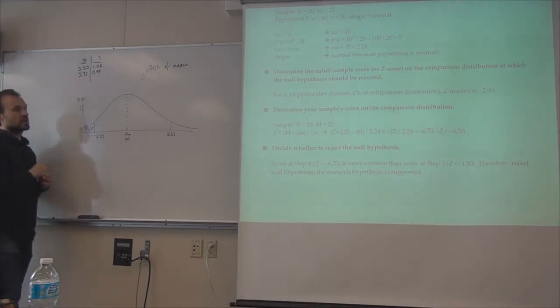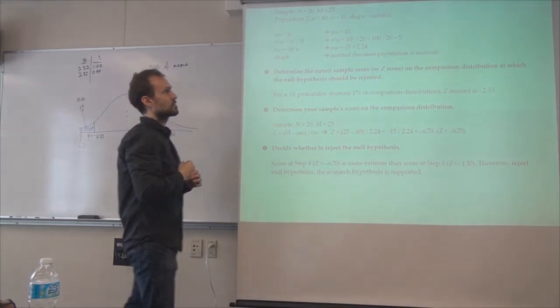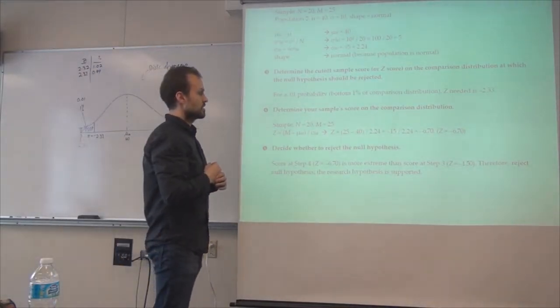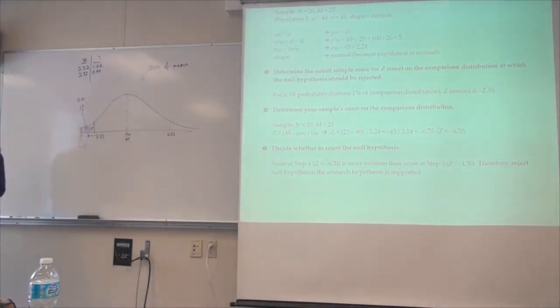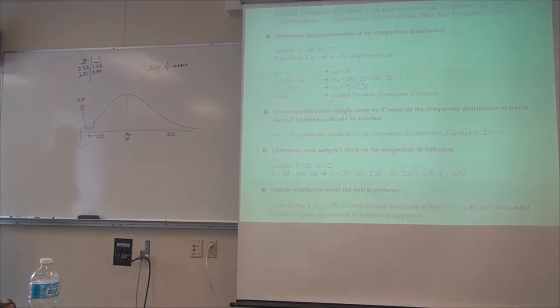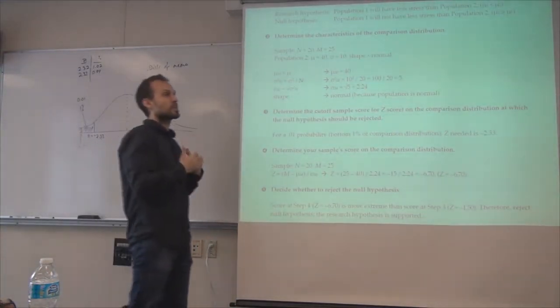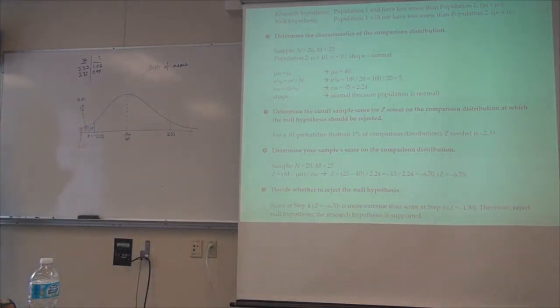So that is strong enough evidence to say, yes, this does lower the stress as I hoped. So I reject the null hypothesis that says it does not, in support of the research hypothesis that I was hoping to be true. Any questions on that?